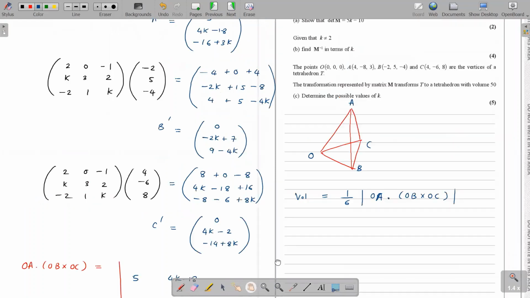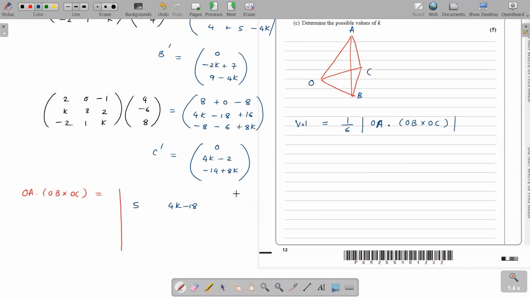What's the third element in A? Minus 16 plus 3k. The second row will have the B element, which is 0, minus 2k plus 7, and 9 minus 4k. The third row has 0, 4k minus 2, minus 14 plus 8k.